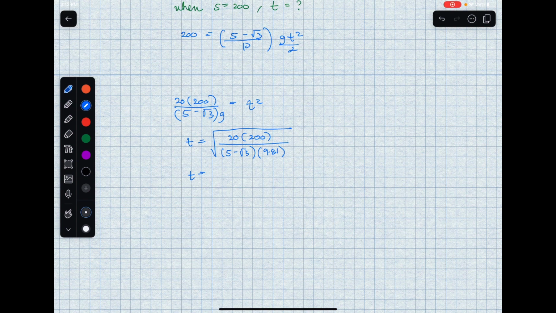So the answer is 11.17 seconds. It will take 11.17 seconds to go to the foot of the ramp.